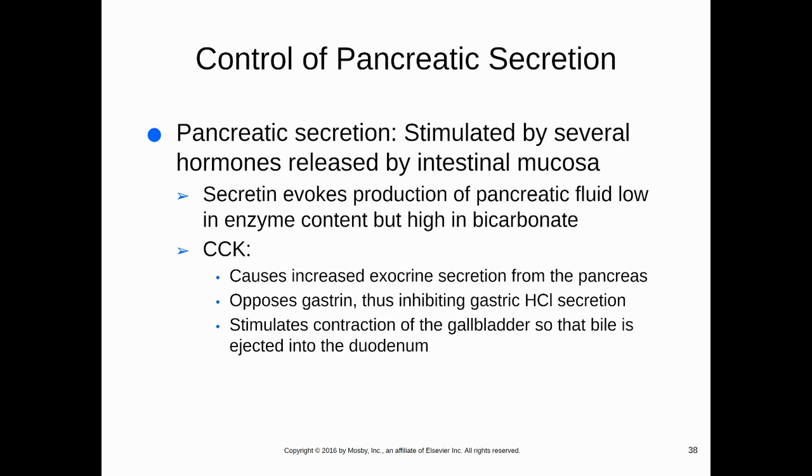So the pancreatic secretion is stimulated by hormones that are secreted from our intestinal mucosa. The big one here is something called CCK, which I can't say, but you can look it up in your book. It's on page 918.